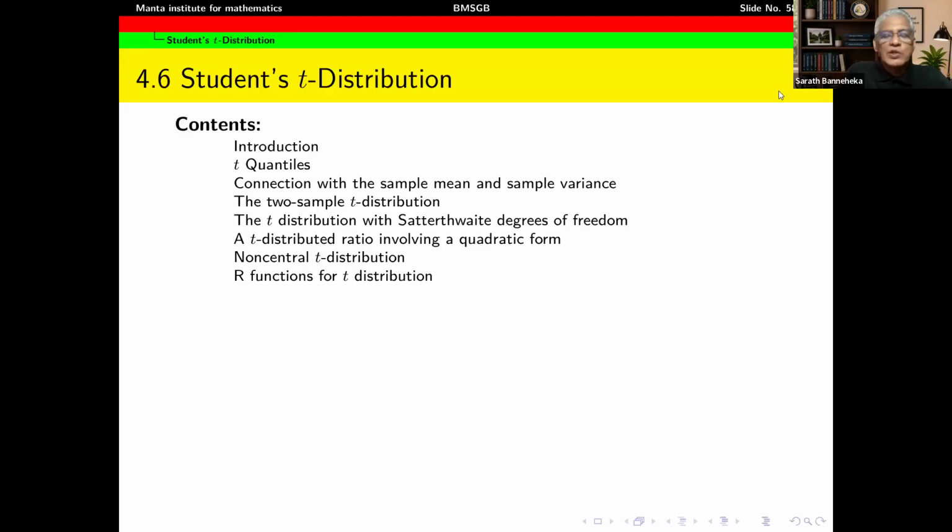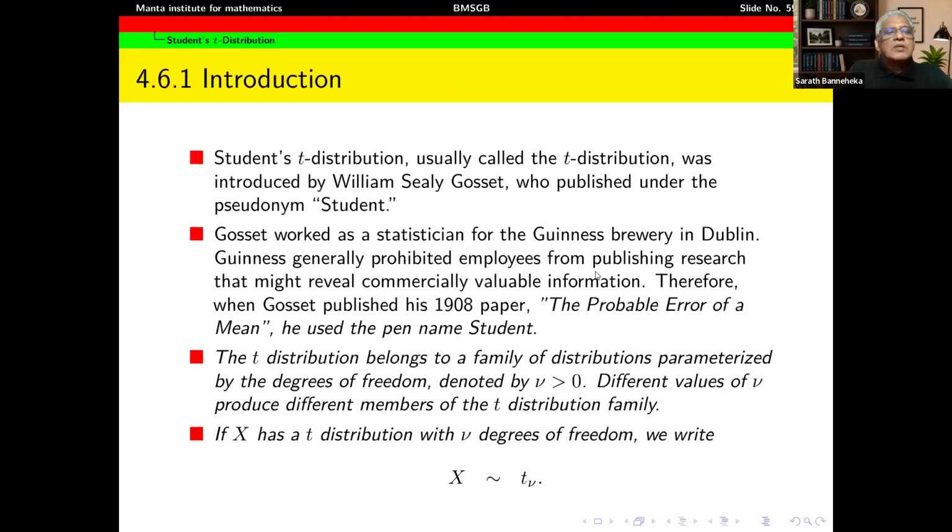They include t quantiles, connection with the sample mean and sample variance, the two sample t distribution, the t distribution with Satterthwaite degrees of freedom, a t distributed ratio involving a quadratic form, non-central t distribution, and R functions for the t distribution. So let's start with the introduction.